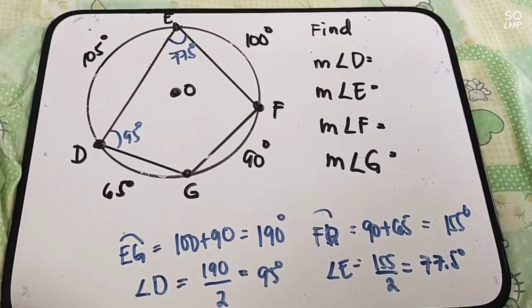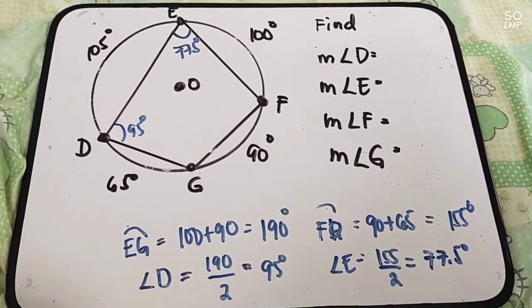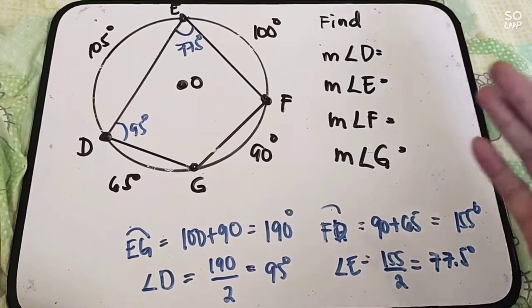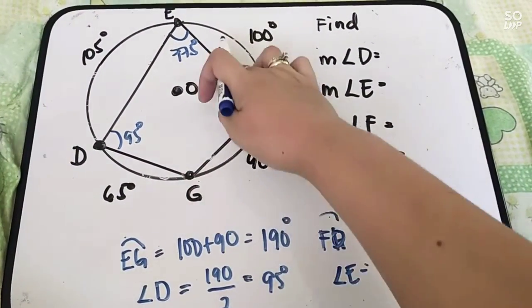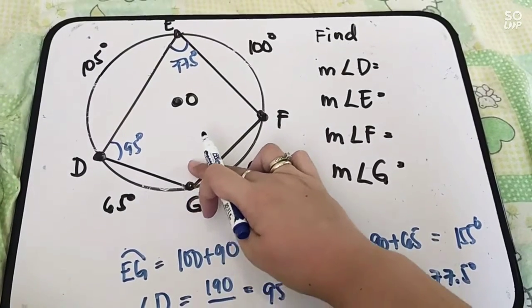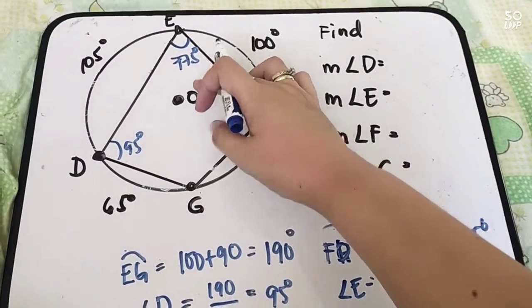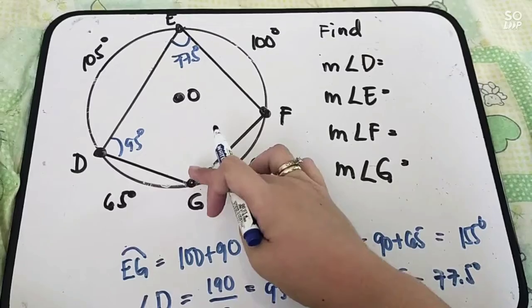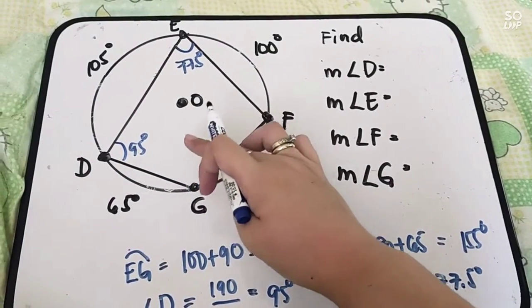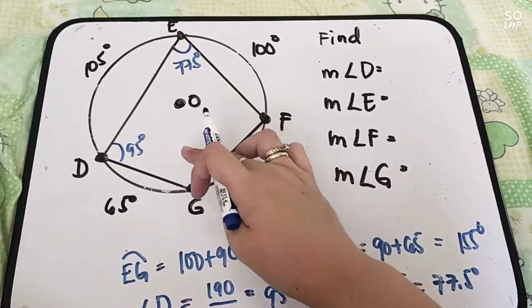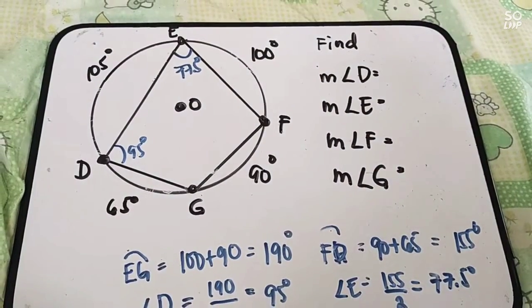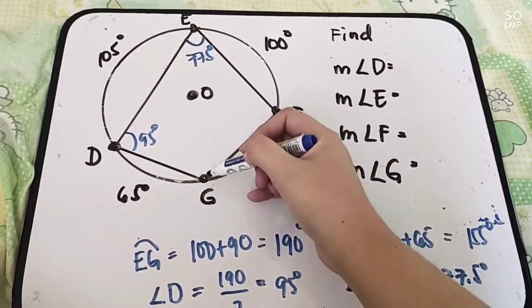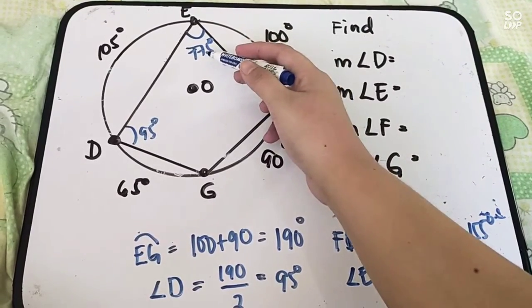Ayan. Next tayo. So, apply naman ulit natin si corollary 3. Since quadrilateral siya, pwede natin siyang i-apply. So, supplementary siya. Since angle E and angle G are supplementary, so subtract naman natin 180 minus 77.5. Again, we have 180 minus 77.5.